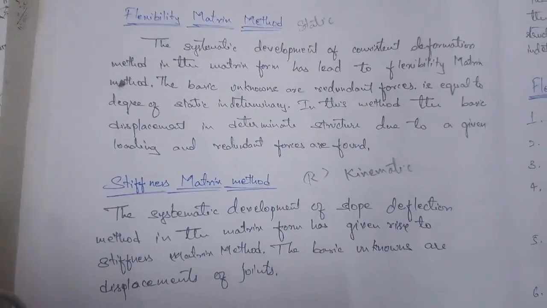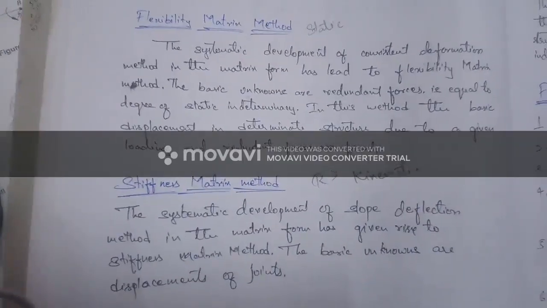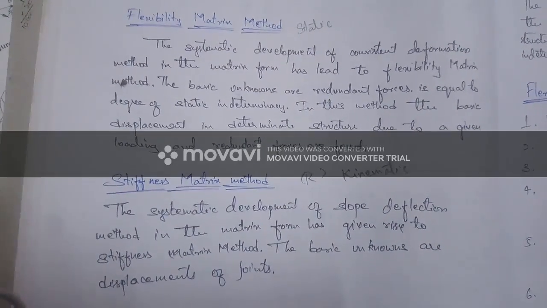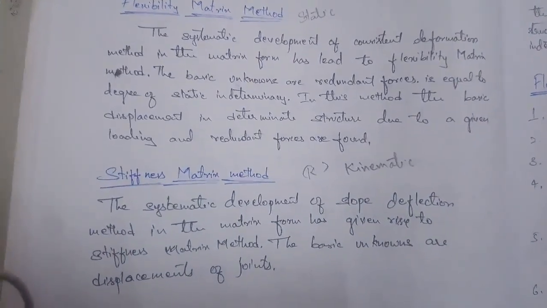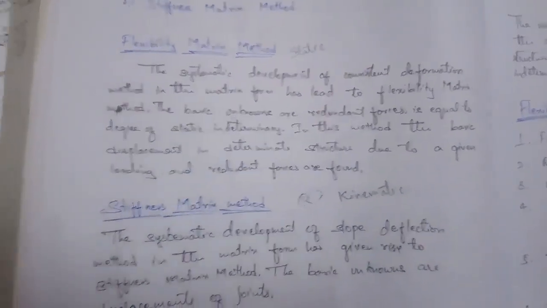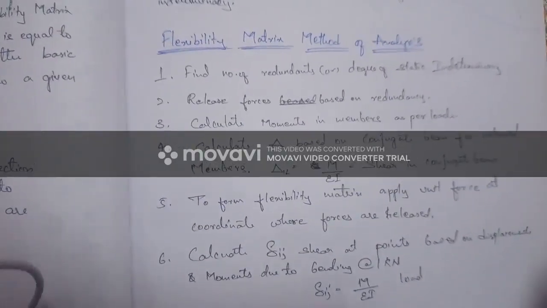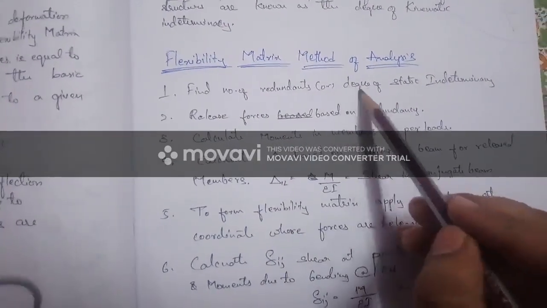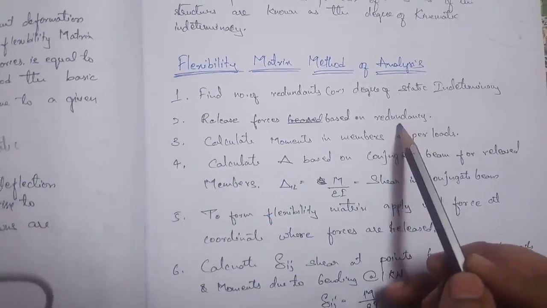So as we know, static indeterminacy deals with the number of redundants, and kinematic indeterminacy deals with the number of degrees of freedom or number of free forces. What we analyze in the flexibility matrix method is: first we find the number of redundants or degree of static indeterminacy, then release forces based on the redundancy.